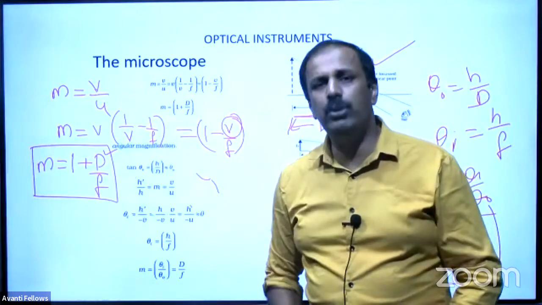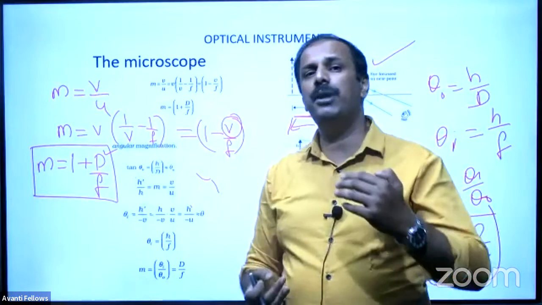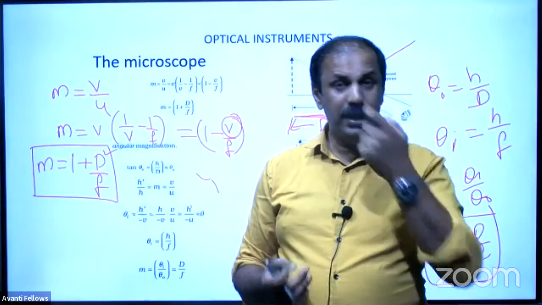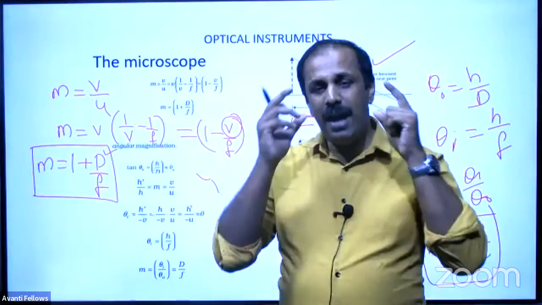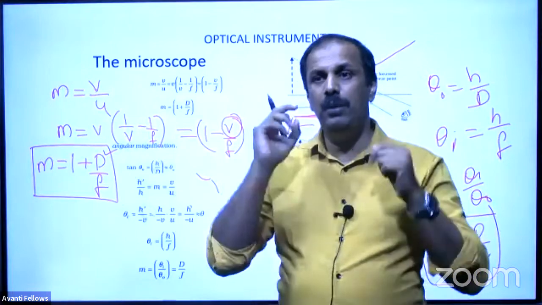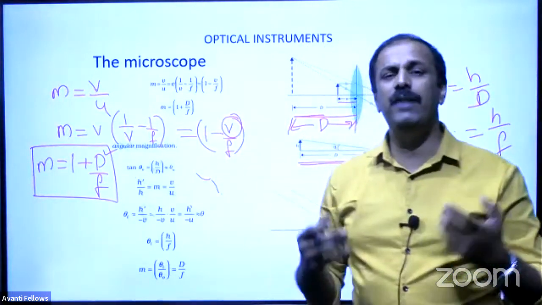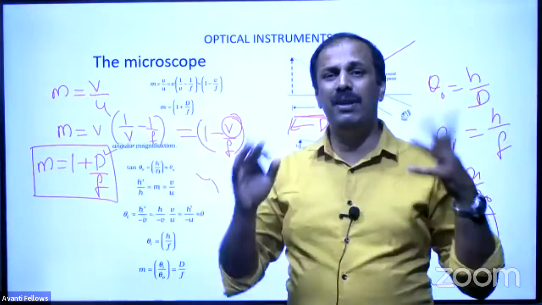So you know, looking at an object which is very close to you and looking at an object which is far away is different. You know that our eye, the ciliary muscles and all, is studied in 10th standard. When the eye is relaxed, it will be focusing at a long distance. That's why you will feel very relaxed when you are seeing an object which is far away. You have open space, you will feel relaxed.